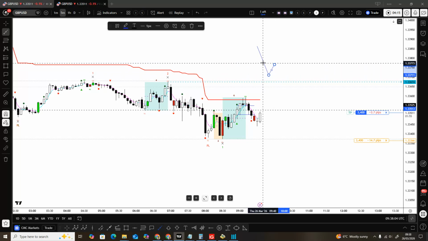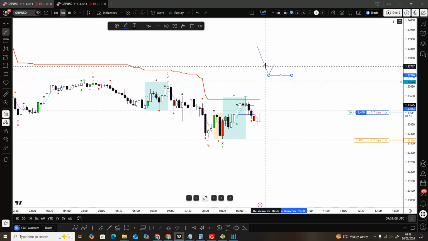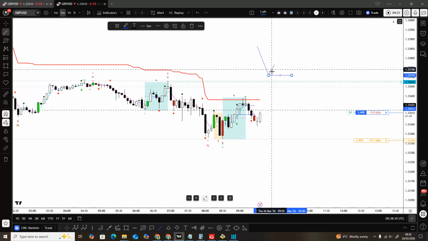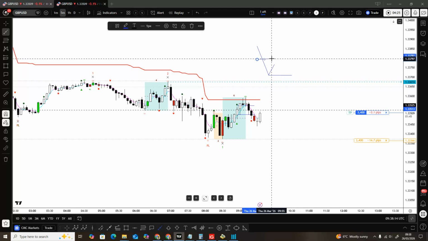Okay, so that means at the lower low, in order for this move to be valid, price must trade the last 2 highs.